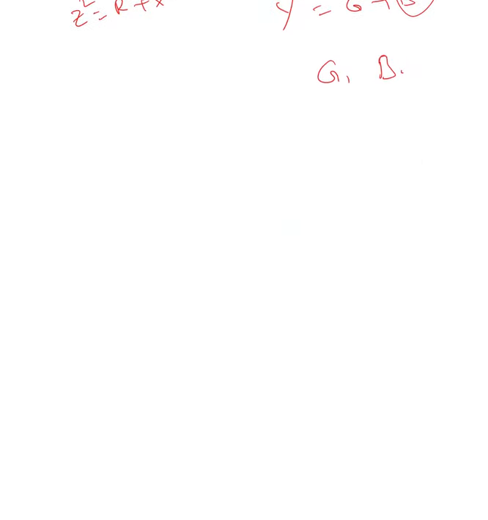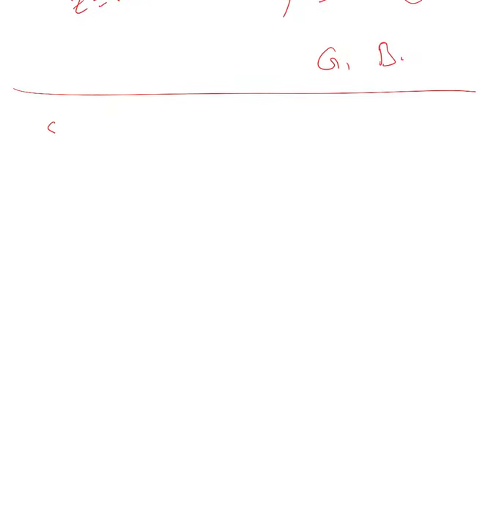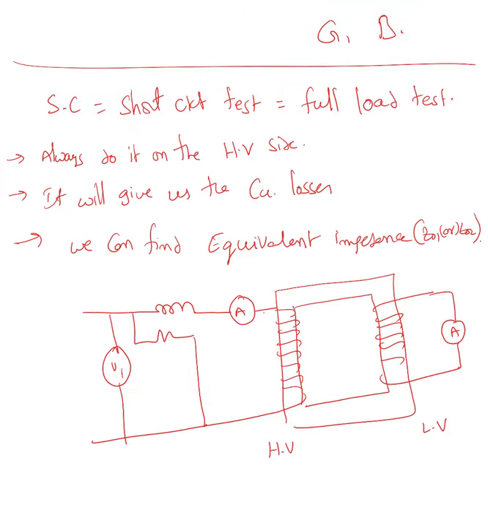Now the next one is the SC test. SC test is also called the short circuit test. The short circuit test is also called the full load test. Full load means we have to apply a full load, but in most cases instead of supplying full load, we do the short circuit test.